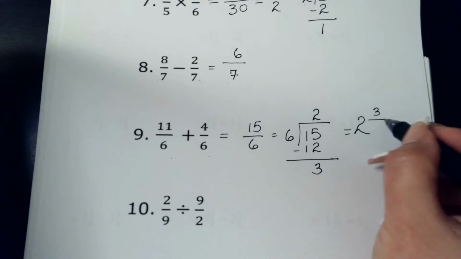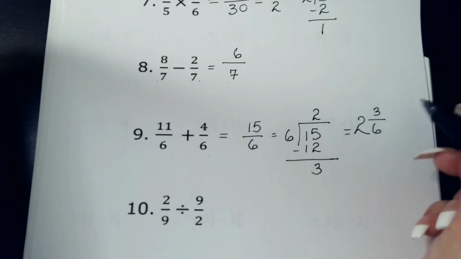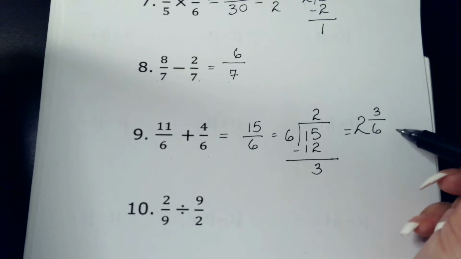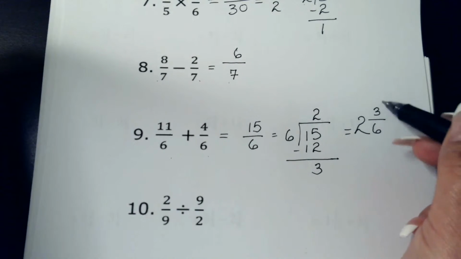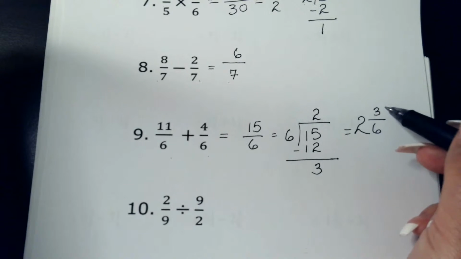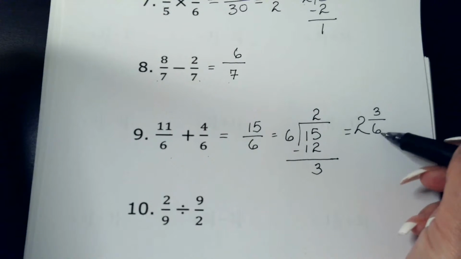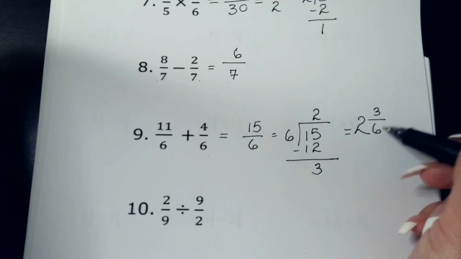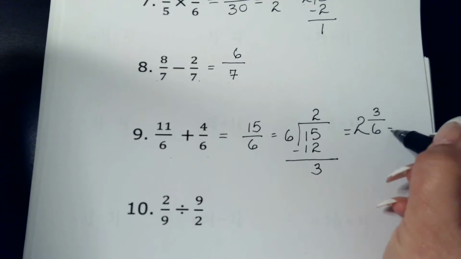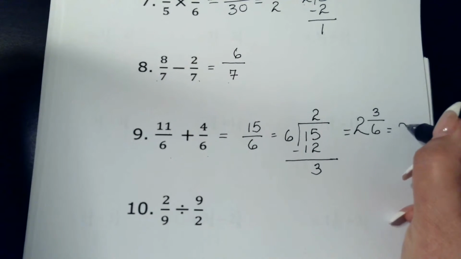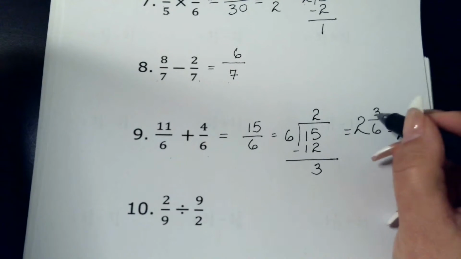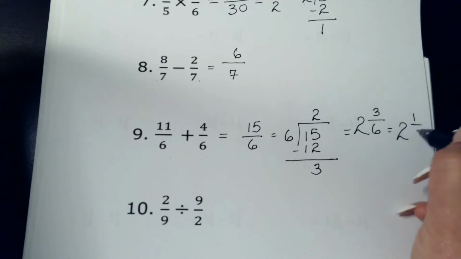Remainder 3 over denominator 6. We have one more step to go because this is not completely simplified. Both the 3 and the 6 have a factor of 3. So this can be converted further to 2 and 1/2.